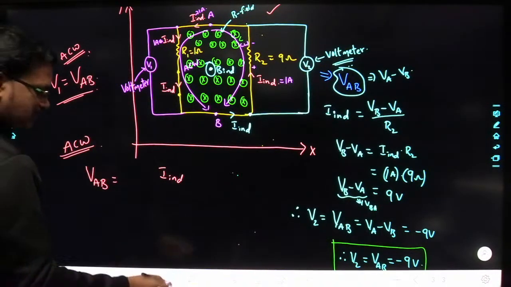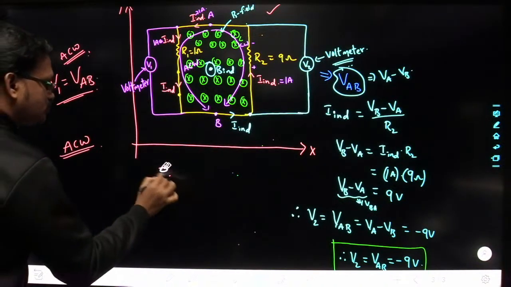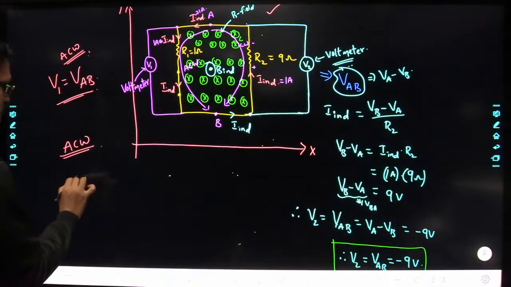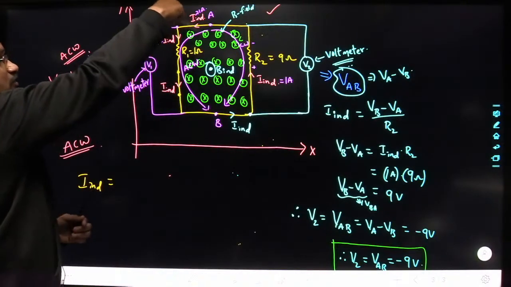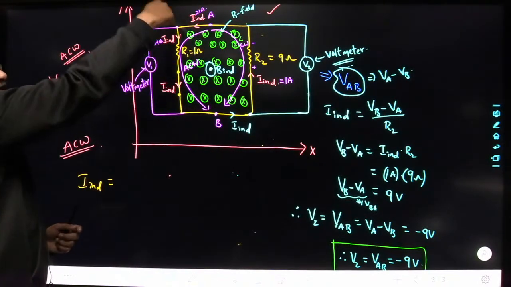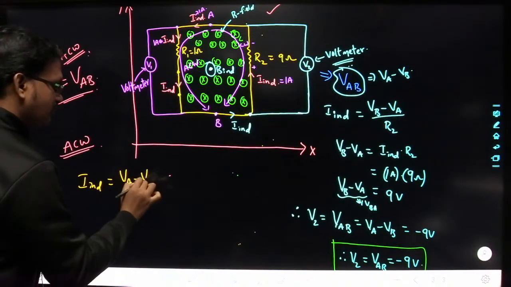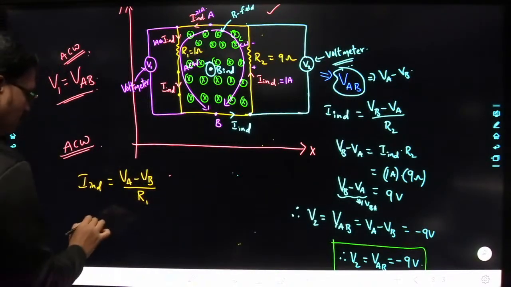Now the current is flowing from A to B. So that means I induced is equal to VA minus VB divided by R1.